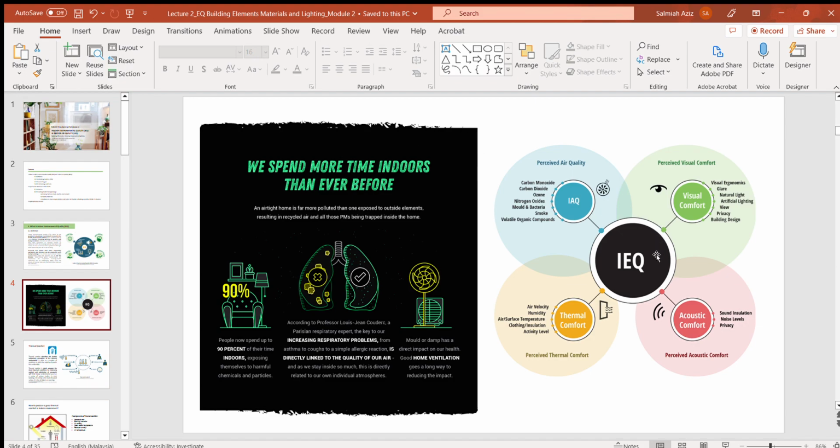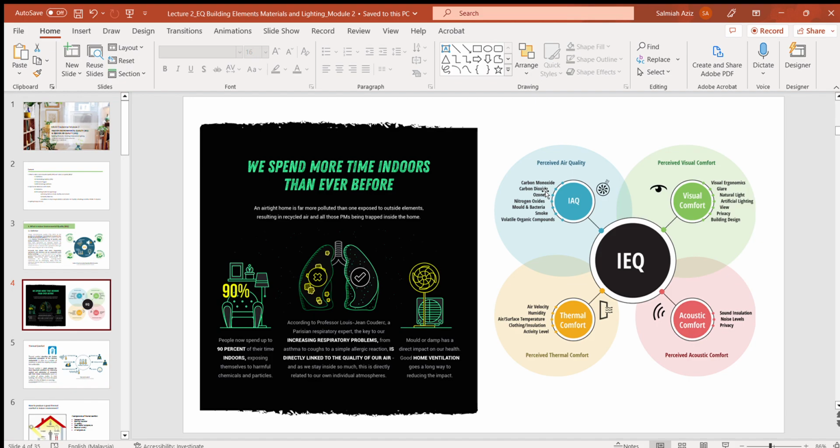For the detail of indoor environmental quality: for example, for air quality, if the air quality is not good, what are the contaminants of that space?